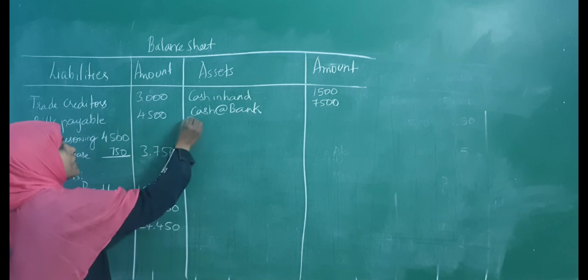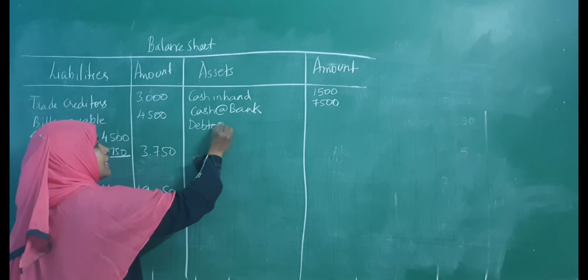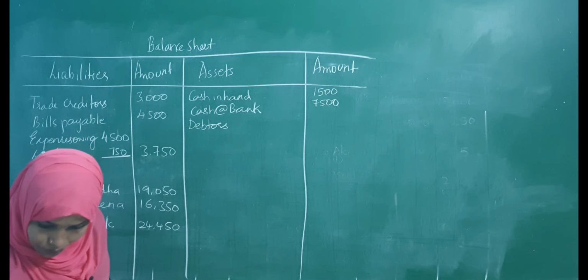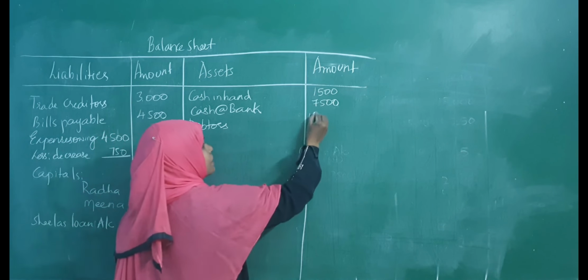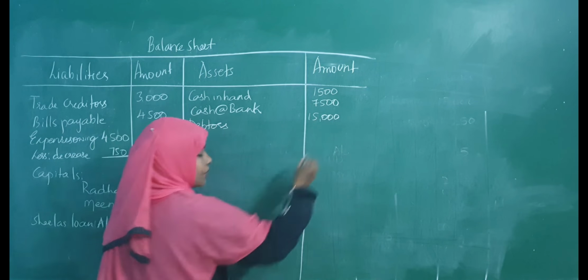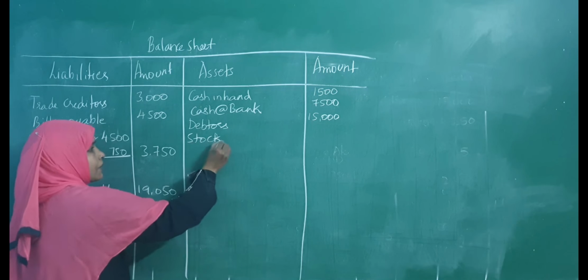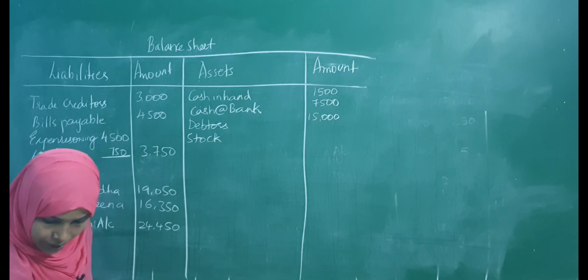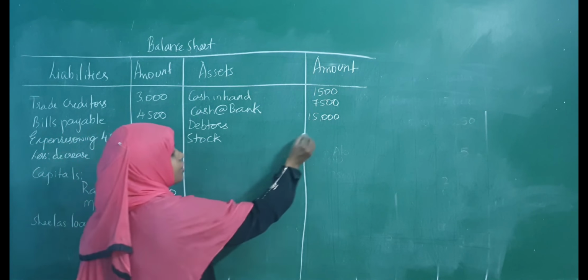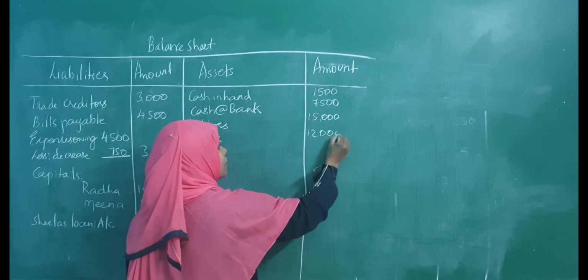Then we have debitors. Check any adjustment is there. No, so as it is you will take 15,000. Then we have stock. What is the value of stock? It is 12,000. There is no adjustment even for stock also.